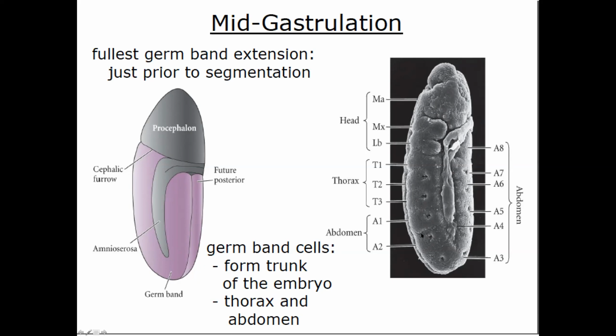And then with these different indentations, you can start seeing segmentation happening. What I mean by segmentation is that once this germ band has completely extended, the events that separate the germ band into repeating units get initiated.